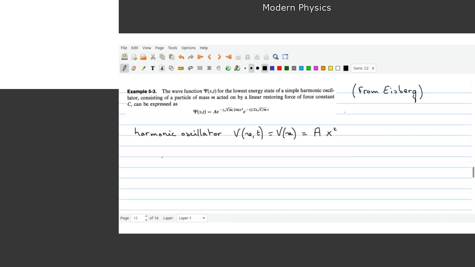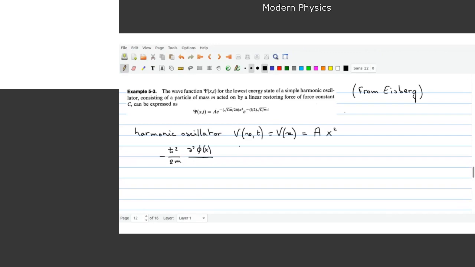When you solve this equation, we are not going to solve it here.